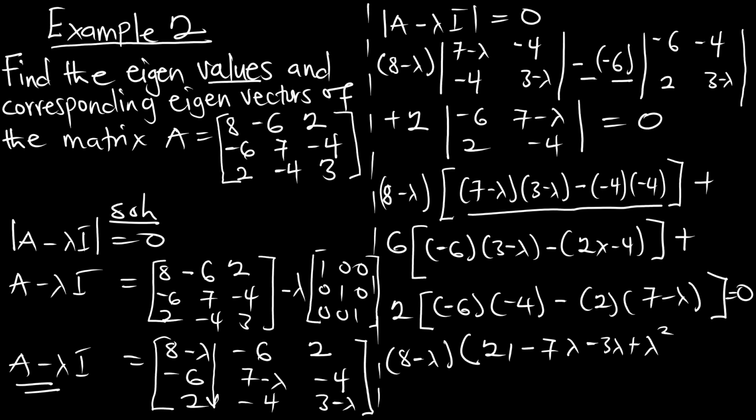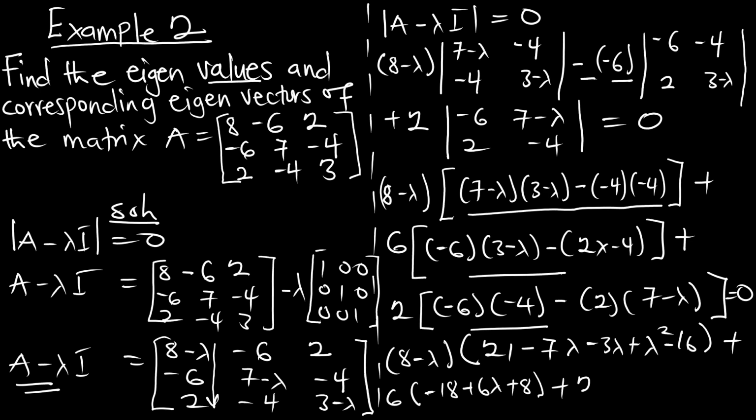Now we come to the second bracket, plus 6 multiplying negative 18 plus 6 lambda plus 8, plus the third one, that is going to be 2 multiplying 24 minus 14 plus 2 lambda equal to 0.